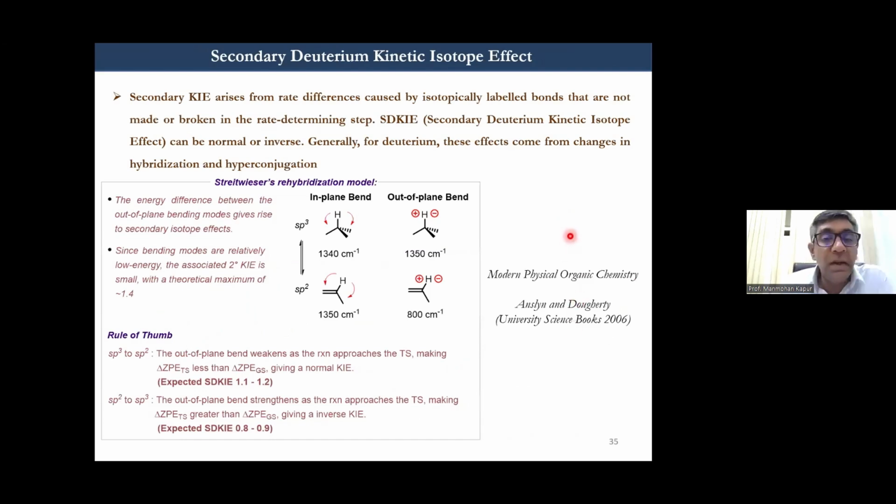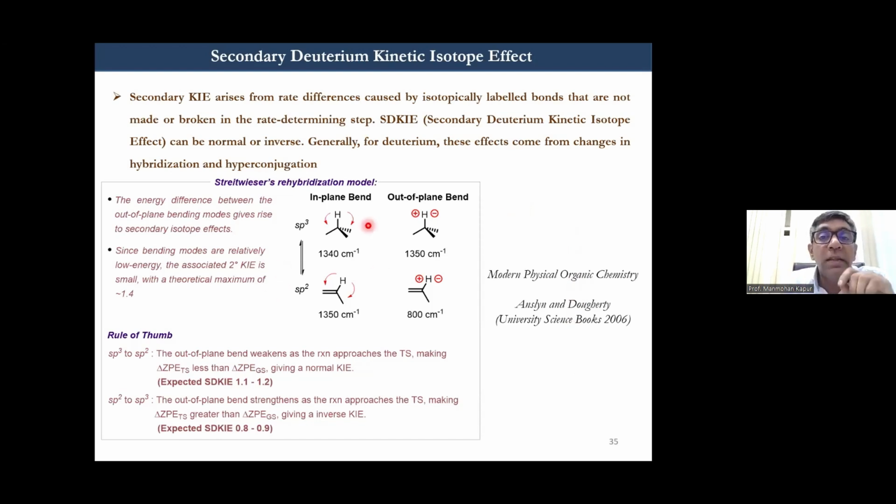A normal kinetic isotope effect comes from the stretching difference between a CH bond and a CD bond. A secondary kinetic isotope effect comes from the rate difference from the bending, that is in plane or out of plane.